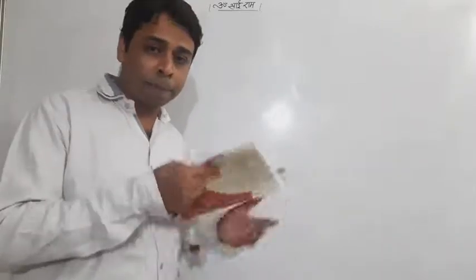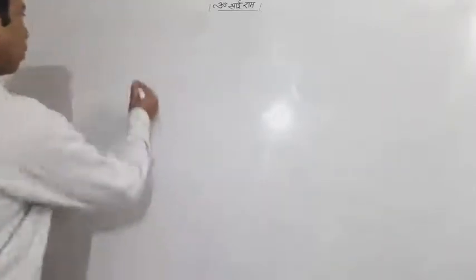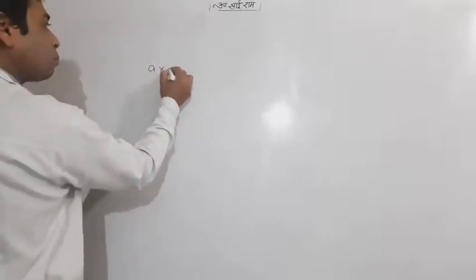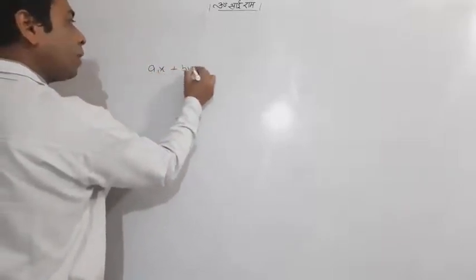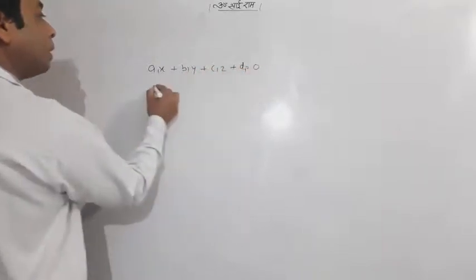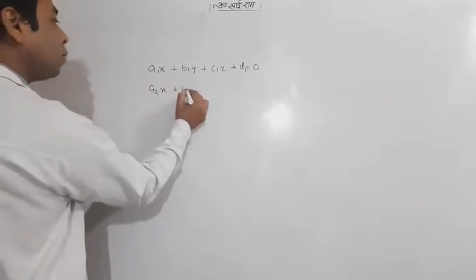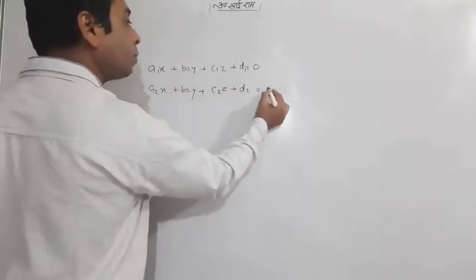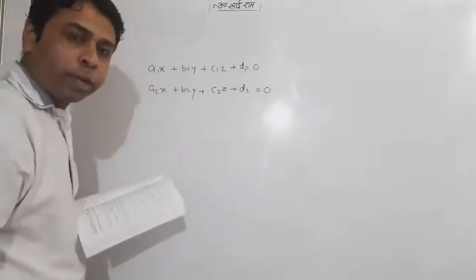I think you remember. Let me explain something before starting this. a1x plus b1y plus c1z plus d1 is my first plane, and a2x plus b2y plus c2z plus d2 is your second plane. Two planes we are having.